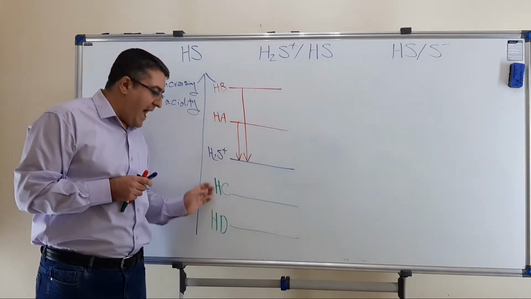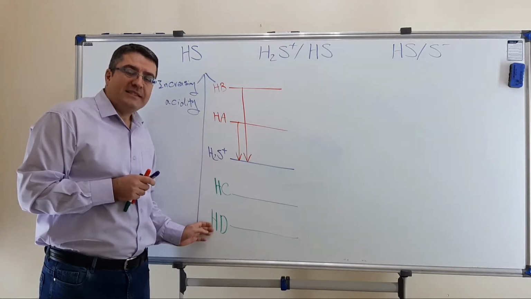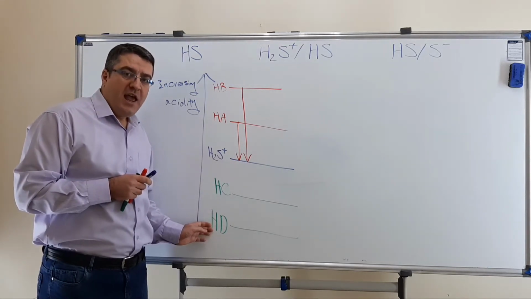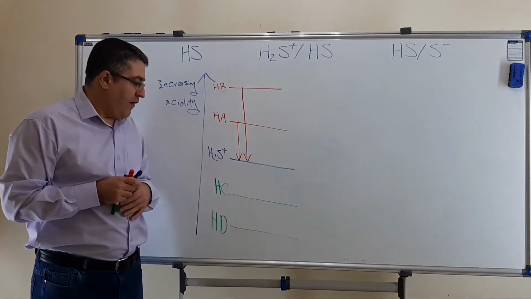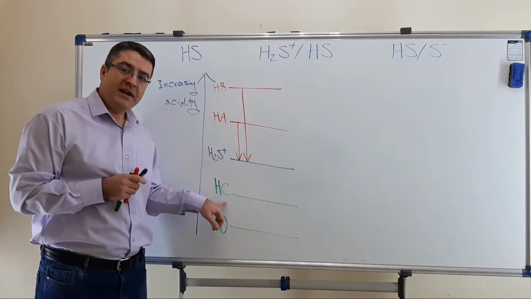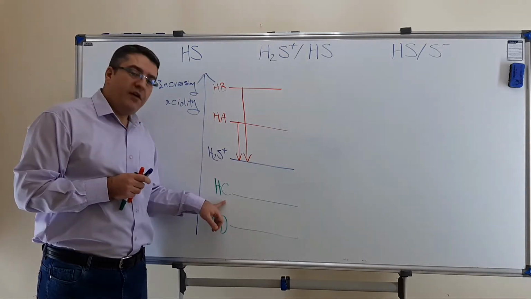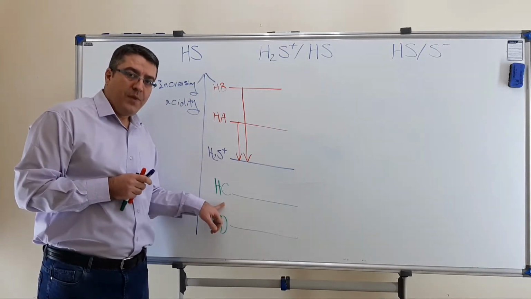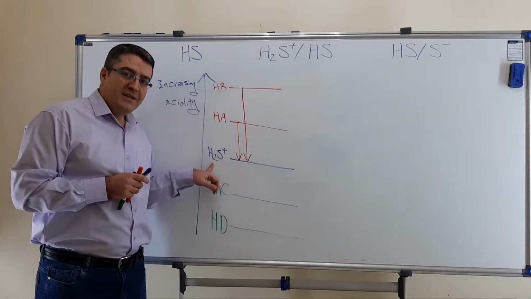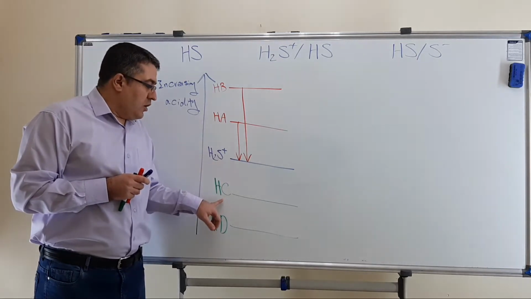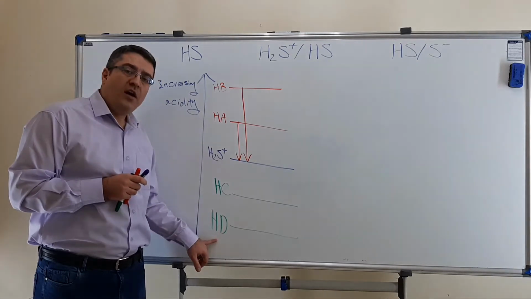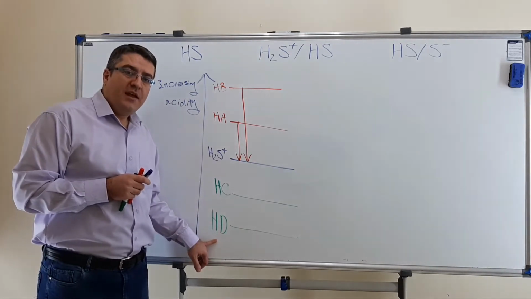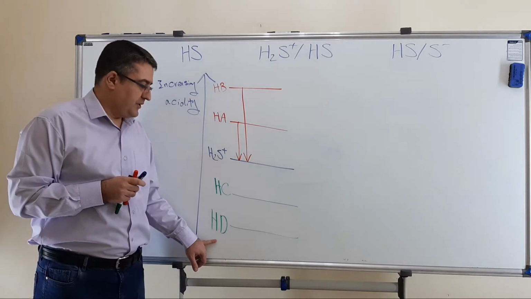Solutions of these acids at the same concentrations have different acidities. For example, we expect that a solution of HC in the solvent HS to have stronger acidity than that of HD at the same concentration.